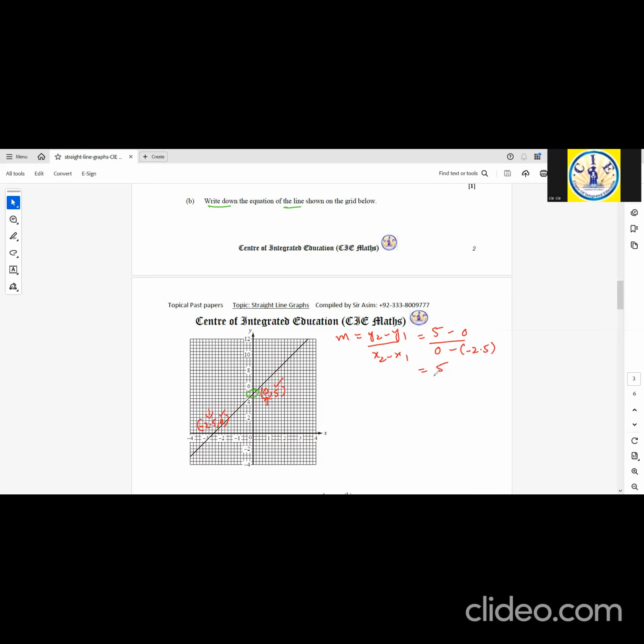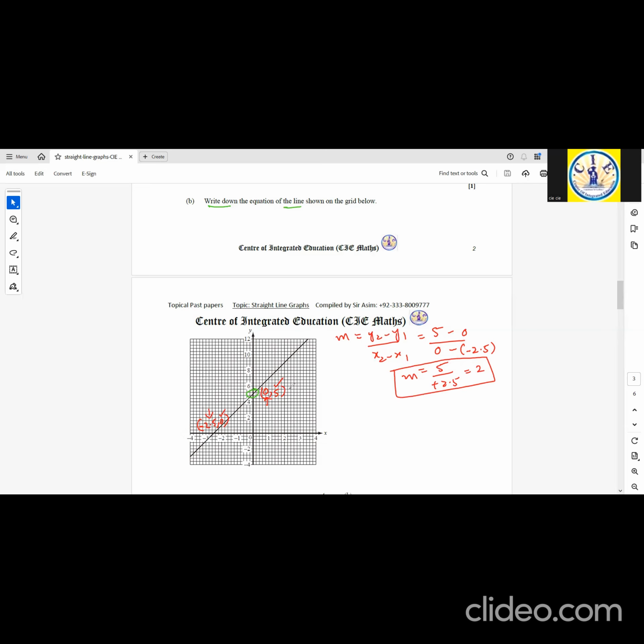So that will give me 5 divided by positive 2.5, and simplifying it, I get 2. Now, as I told you earlier, if the line is sloping upwards, the gradient is a positive number. In this case, it is a positive number, so that is compatible with what I already told you.